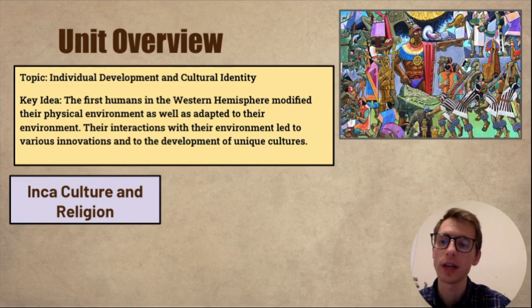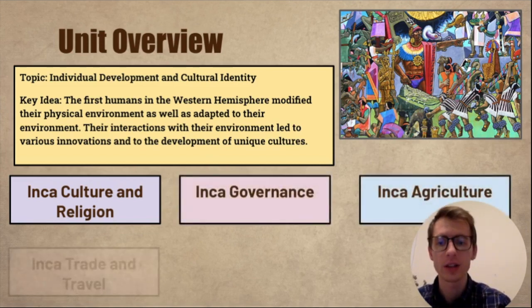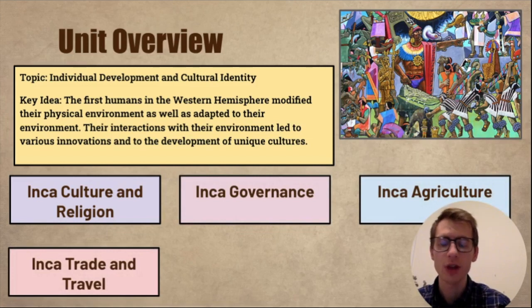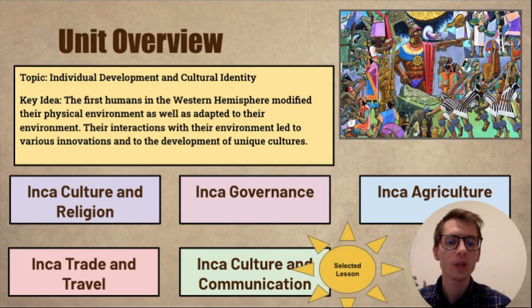The first lesson will look at Inca culture and religion. Then we'll move on to Inca governance, finally Inca agriculture, Inca trade and travel, and then we'll end with Inca culture and communication, which is the lesson that I selected for my integrated arts project.